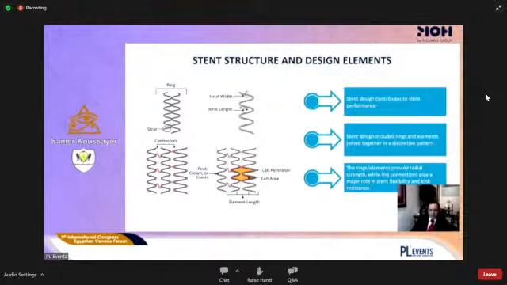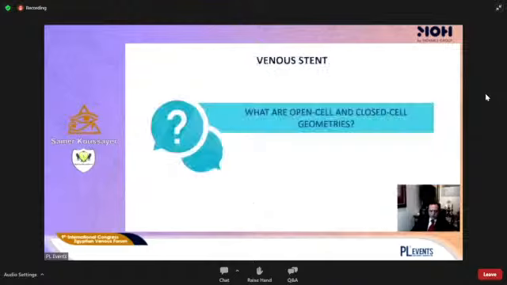The rings and elements provide radial strength, while the connectors play a major role in the stent flexibility and kink resistance. So you have two components: the connectors and the rings. The more connectors, the more flexible. The more rings, the more rigid and resistant to compression. So you need to balance between these two.